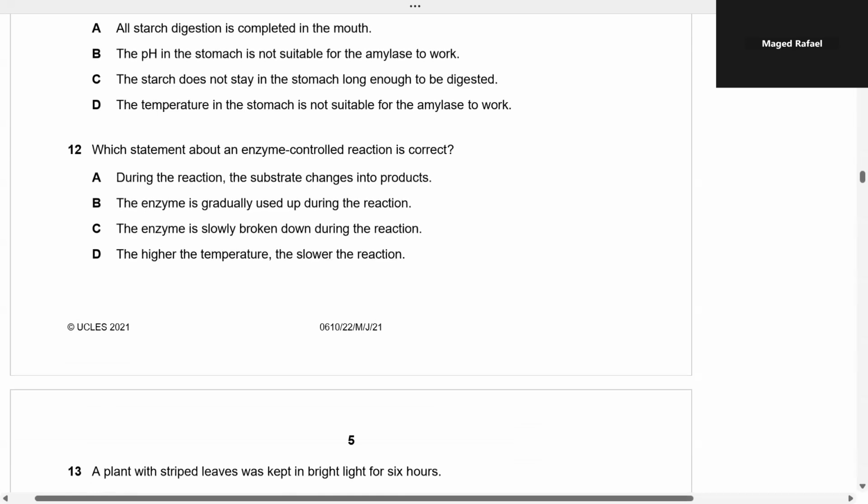Which statement about an enzyme-controlled reaction is correct? If you take a look at all the choices, the answer is A. During the reaction, the substrate changes into product. So the answer is A. This is the only correct one.